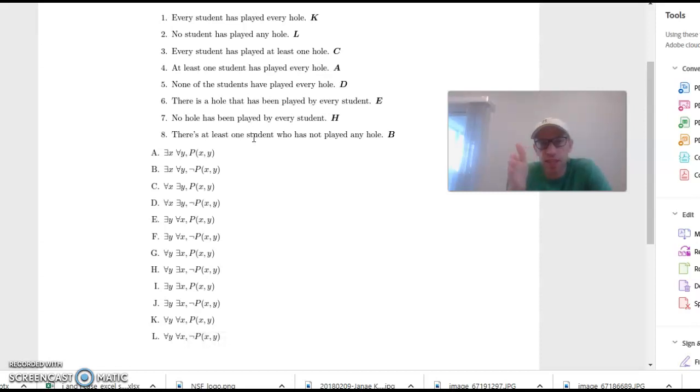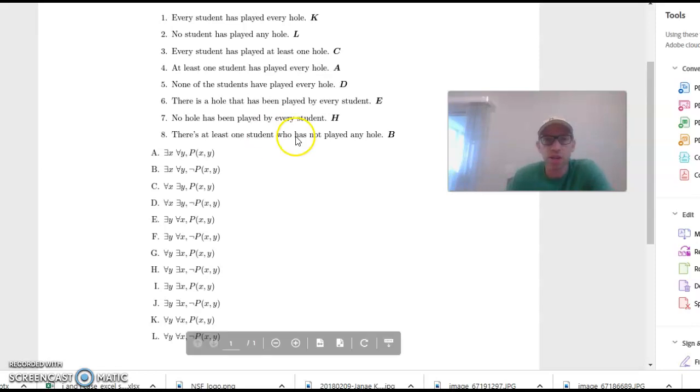So there exists an X such that for any hole you choose, the student has not played the hole. There's some student in our class that has never even played the disc golf course. It doesn't matter what hole you choose, they haven't played that hole. So there exists a student such that no matter what hole you choose, the student has not played the hole.